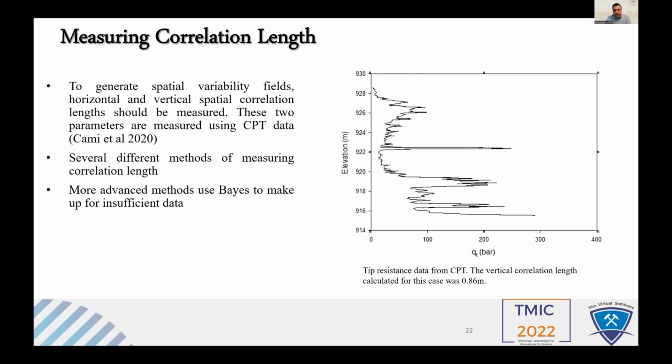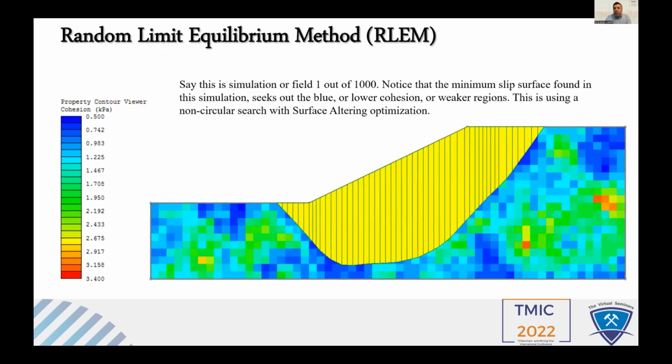But in general, you can use different methods to measure correlation lengths using CPT data. The most recent, advanced one is the Bayesian method that we use in this study to measure the correlation lengths.